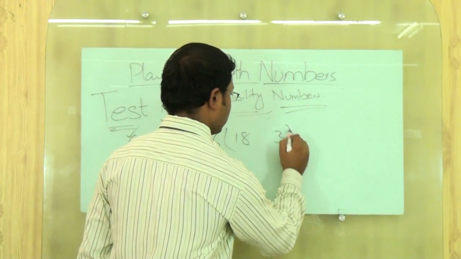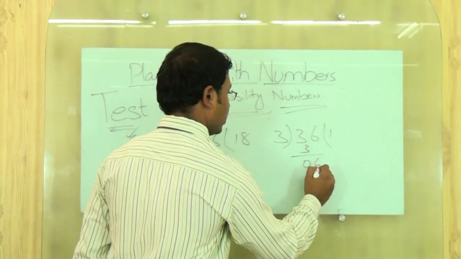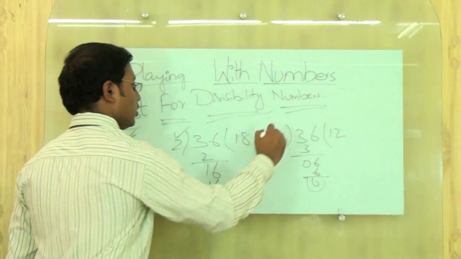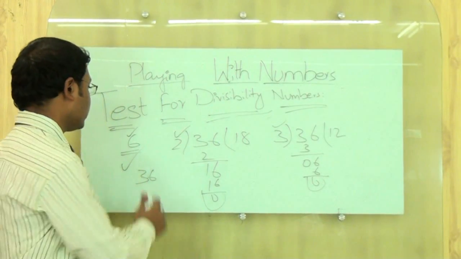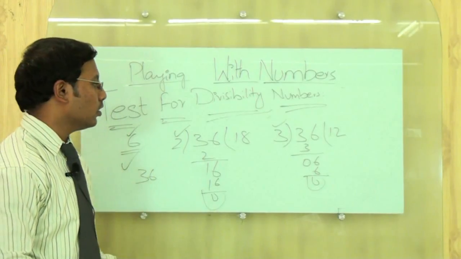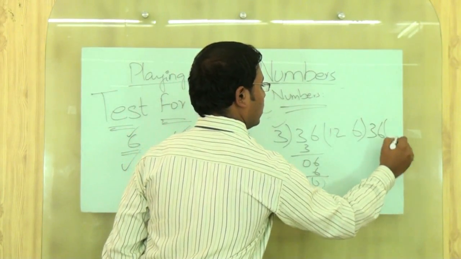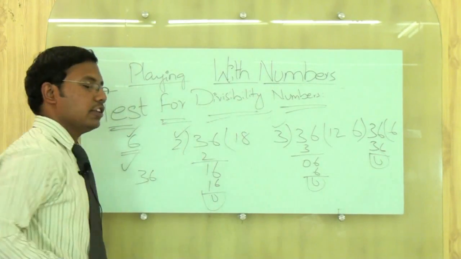Next for 3, for 36: 3 ones are 3, 0, 6 again, 3 twos are 6, 0. Here the condition is satisfied by both 2 and 3. Hence the condition for 6 also satisfies here. Let us check here. 36 with 6: 6 sixes are 36, remainder is 0. Hence the condition is satisfied here.